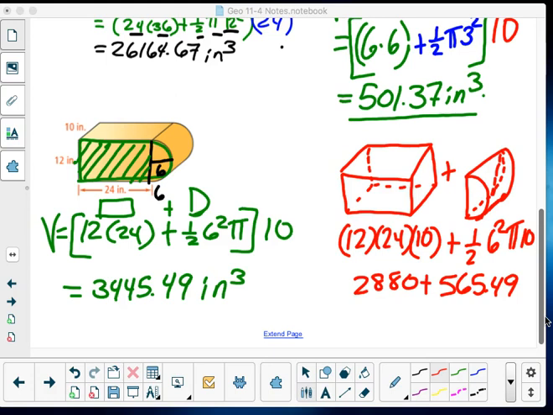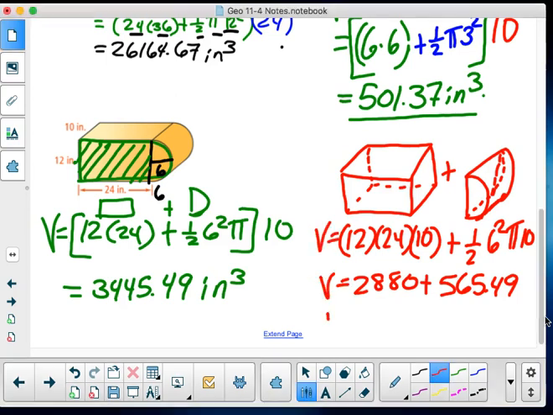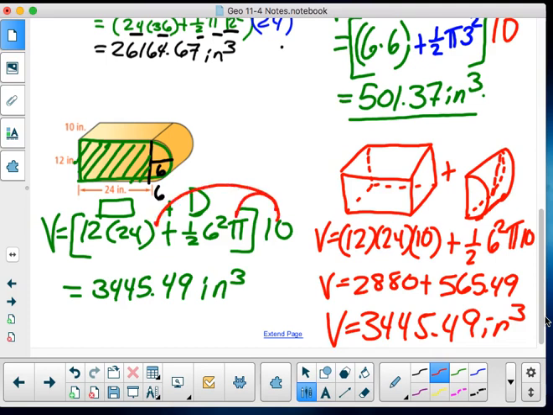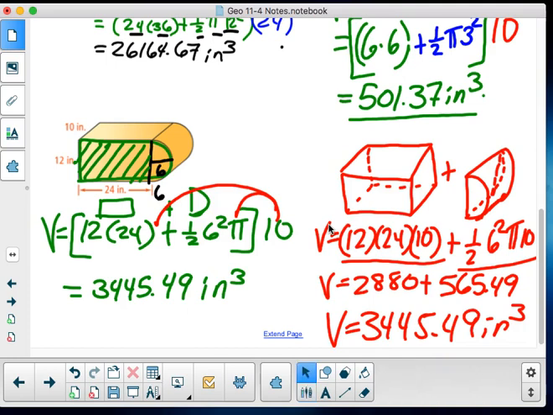And after adding those together, the volume becomes, drum roll, 3445.49 inches cubed. Completely different than the way I just did it. And remember, the only difference is I would have distributed the 10 out, and that's where these numbers came from. Okay? So keeping in mind, area of base times the separation of the two bases, area of base times height, always volume.